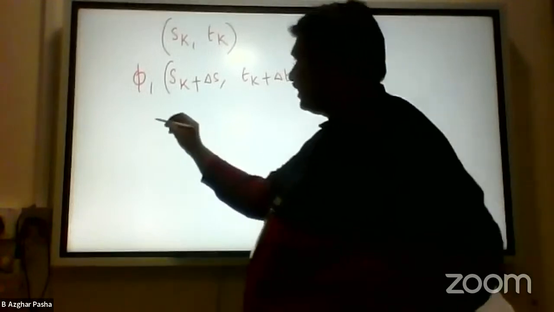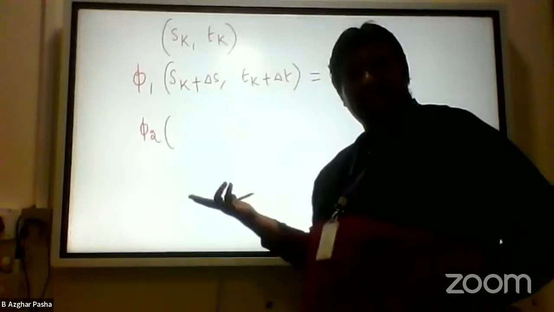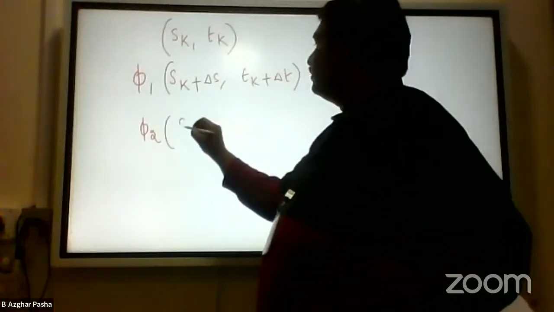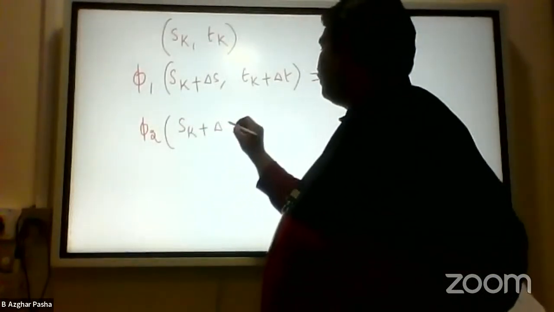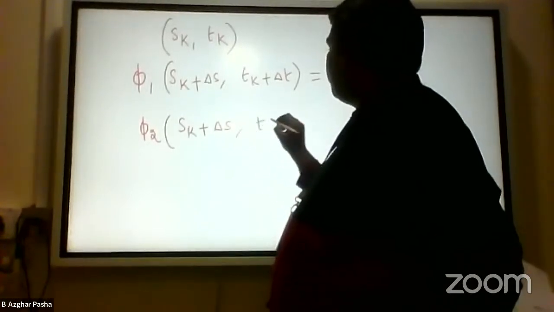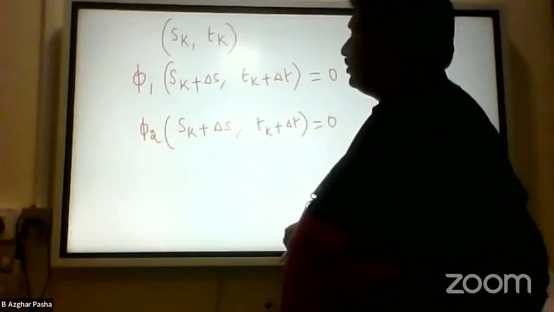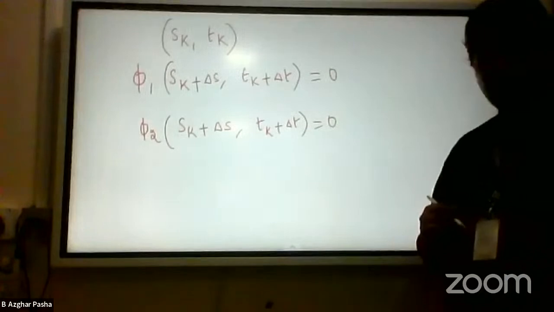Same thing happens for the second condition. This is an initial guess. For this, it may not satisfy. I have to fine tune it and determine delta S and delta T such that these two conditions are satisfied.